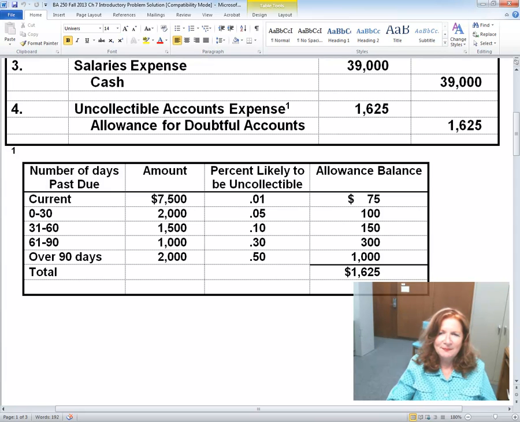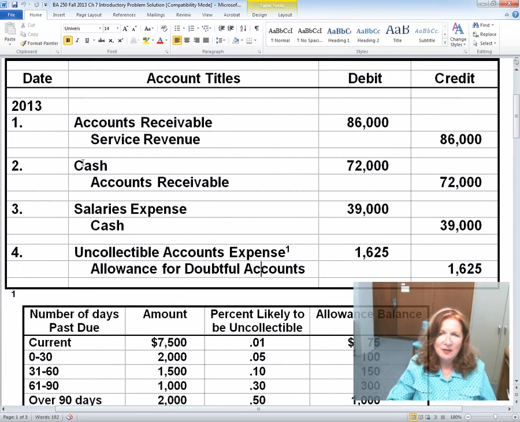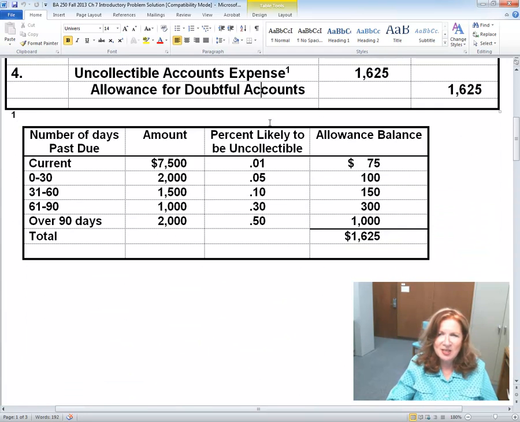So that's how you would determine these journal entry amounts. This is the new adjusting entry for this chapter. So short, simple, easy. I hope that it really focuses tightly on the new aspects of accounts receivable that you're learning for Chapter 7.